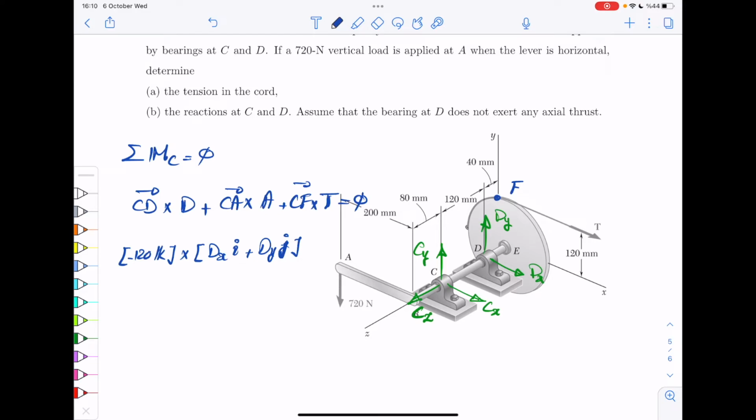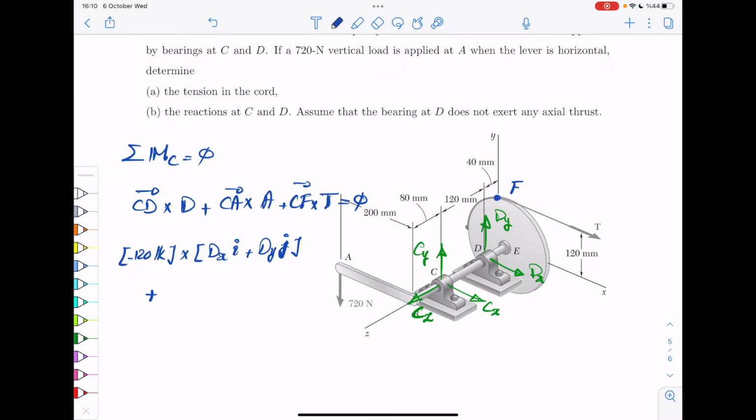Then you have CA. So again, looking at CA, there is 80 millimeters in Z direction, 200 millimeters in the opposite of X direction.